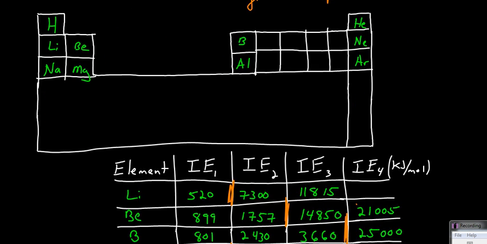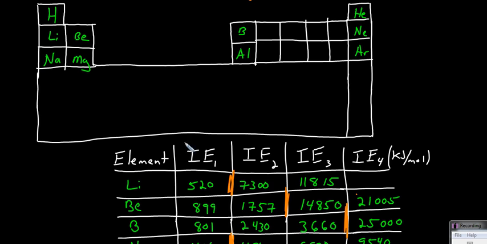Now, we can discuss the ionization energies, 1, 2, 3, 4, etc., for a variety of elements. And in fact, from the ionization energies, you can identify what element you have. Take a look at lithium. It's 520 kilojoules to remove a mole of electrons from lithium atoms, just to remove the first electrons.